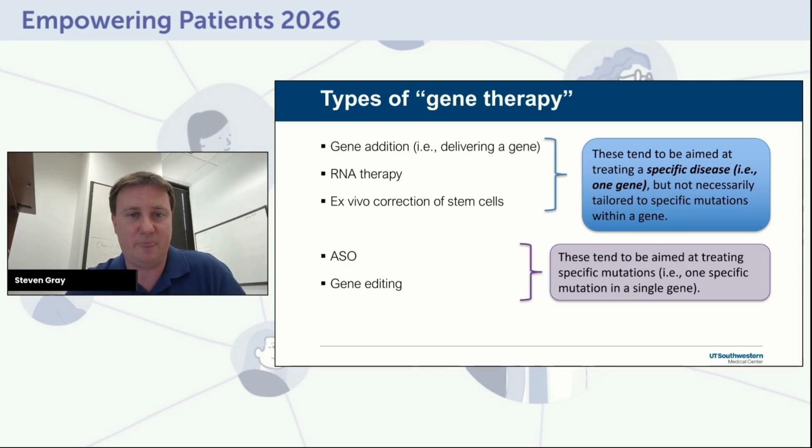So rather than trying to encompass all the different problems that can happen with a gene, they're really focused on treating a specific allele or specific mutation with a gene. And there's exceptions to all of these rules, but generally speaking, these are the types of approaches that are geared towards treating an entire disease versus individual patient mutations.